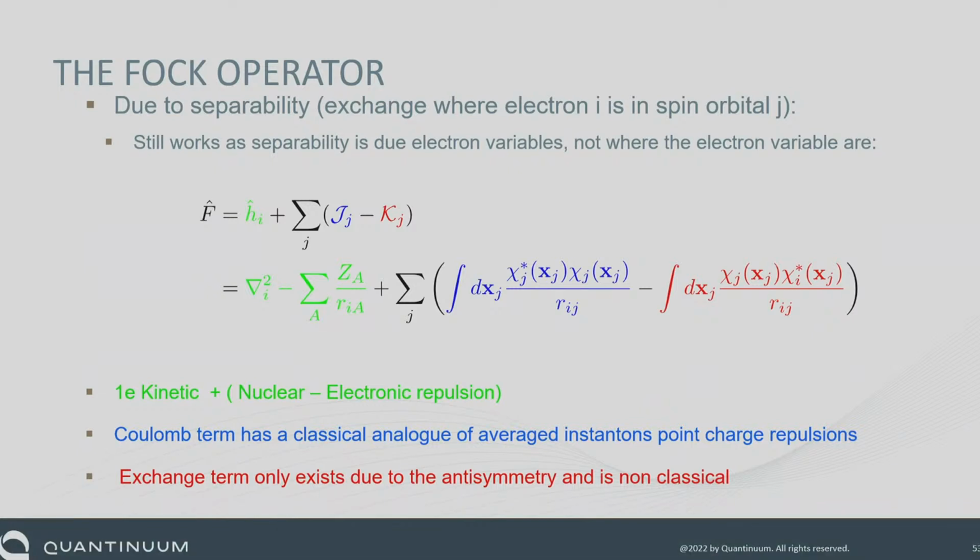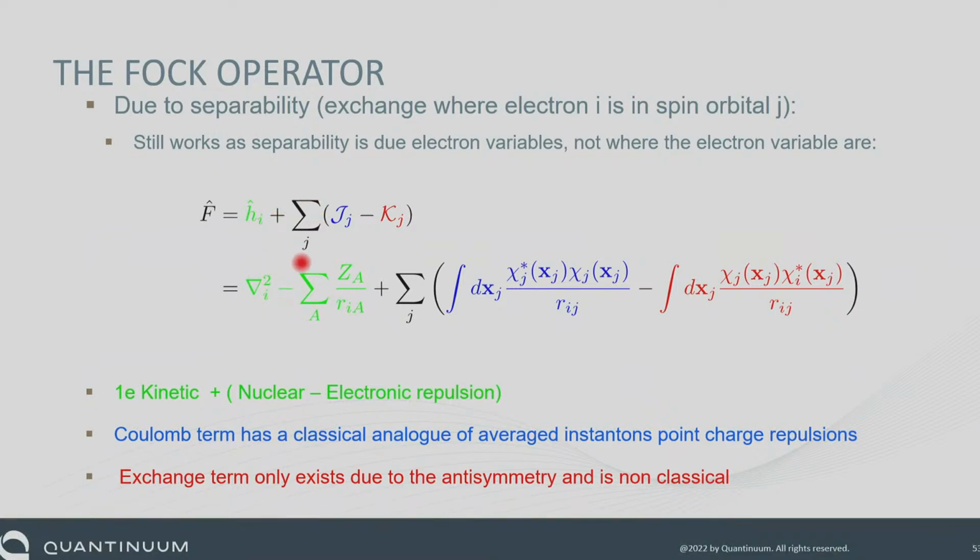This is really important. So what is the Fock operator? Inside the Fock operator, we have our kinetic term, and the potential is contained in here as well. So we call this a one electron operator, which has the one electron kinetic and the one electron potential.